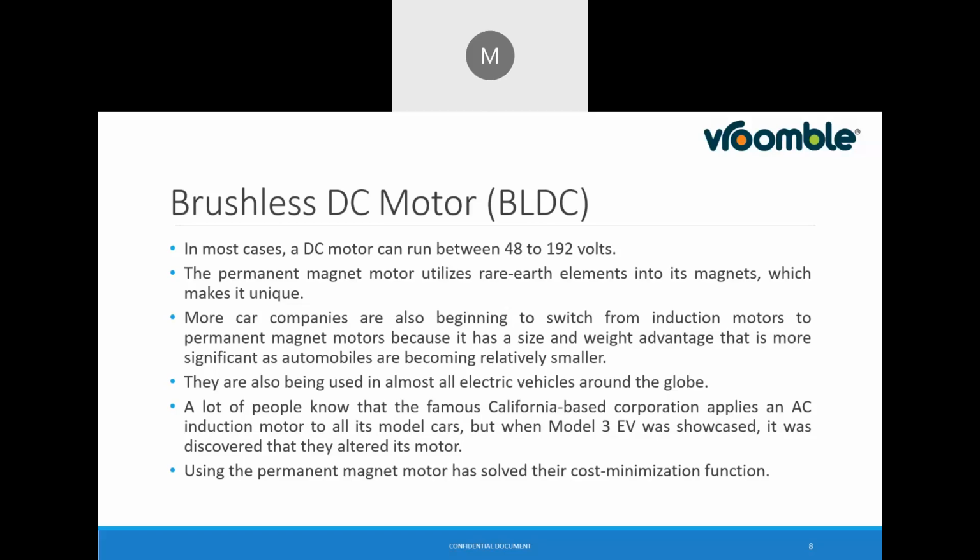But when we are considering an application, the things which are critical for this kind of motor are the speed variation and the temperature with respect to the required power and torque. Nowadays they are used in most electric vehicles, mainly in two wheelers, because an induction motor you cannot use, or even if you use it, it does not make any sense.